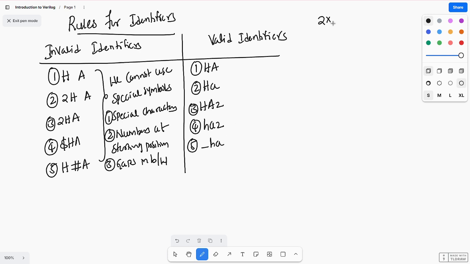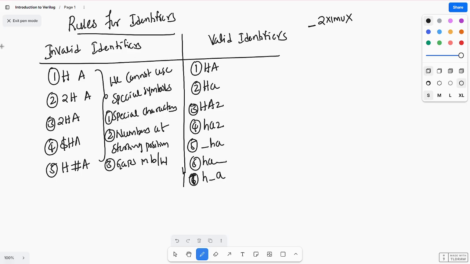If you give your identifier name as 2 cross 1 mux, will the compiler take it? No, because it starts with a number. If you give underscore it will take. Underscore HA, HA underscore, and H underscore A. These are the valid identifiers. Is it fine? Do you understand?